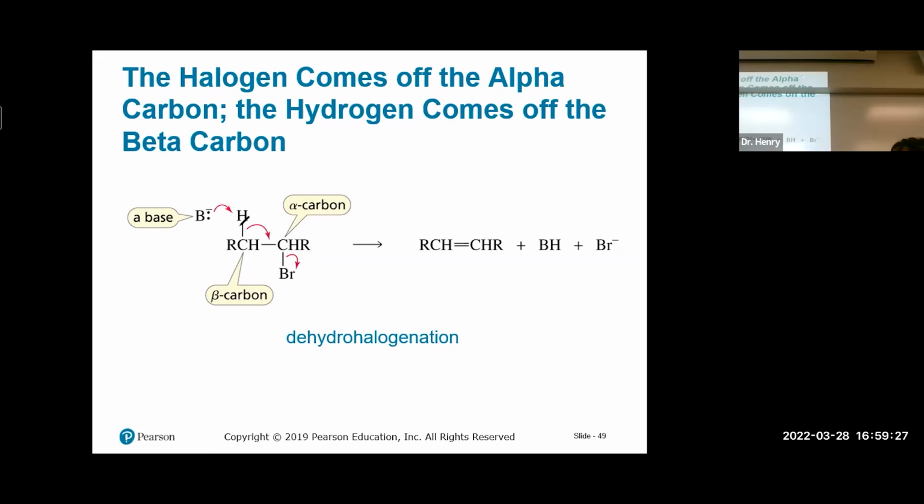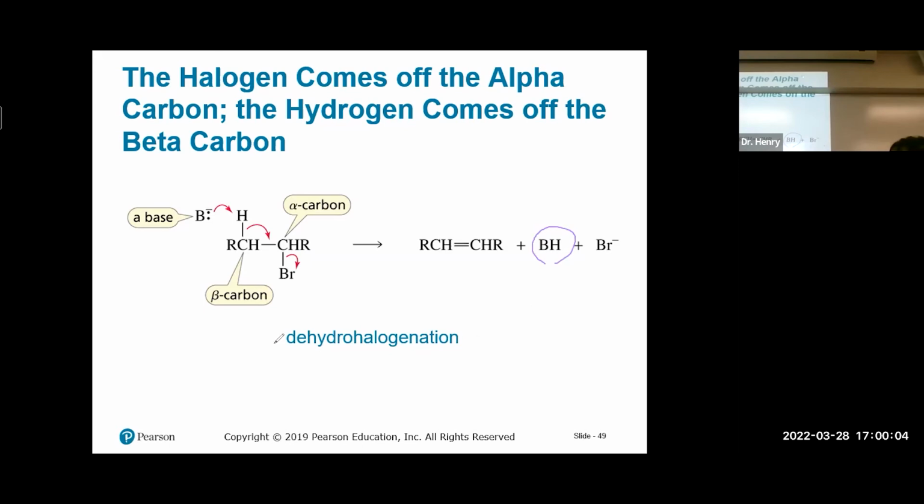The hydrogen is then going to provide the electrons that were in the bond to the other bond that's attached to the beta carbon. Then that's going to provide the electrons to release the bromine. So we're going to get the formation of our double bond. We're going to get our base attached to the hydrogen, and then we're going to get our bromine ion.